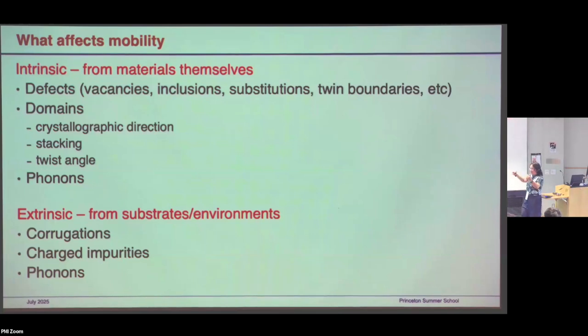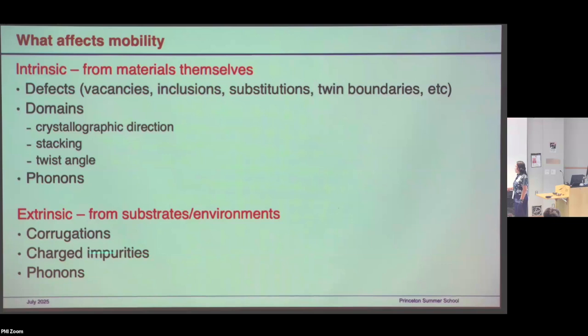Because 2D materials are so thin, they tend to conform to whatever valleys and peaks are on the substrate. Even if you think it's very tiny, if you have even a few angstrom corrugation, the 2D material follows that, and that can reduce mobility.